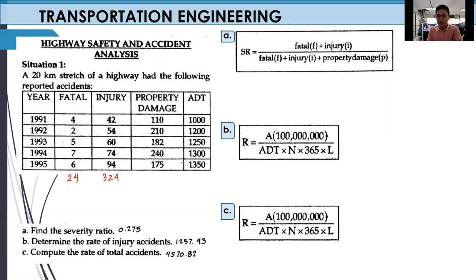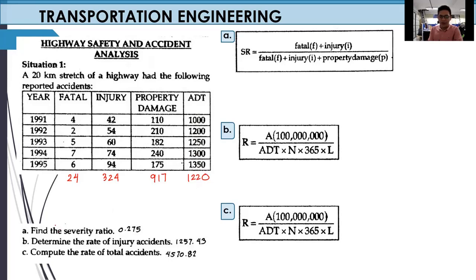Just use your calculator to compute for that one. Then we have here 970. And average daily traffic, in the summation mo siya, class, and then divided by number of years. So here we have divided by 5. That would be 1220. Okay?